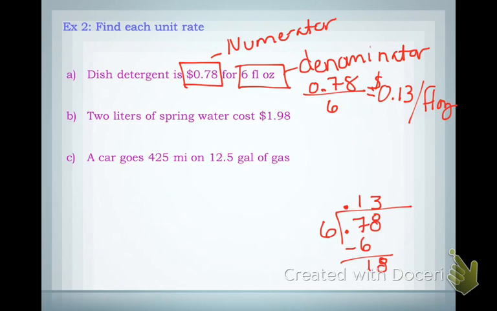They want to know how much something is after it's divided. So if I look at it, I have 2 liters, and it's $1.98 each. This one's going to be a little different because I want to find out how much it is per liter. So how much money per liter? You always usually put money on top because we want to find out how much it is per something.